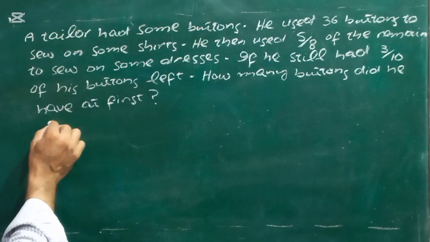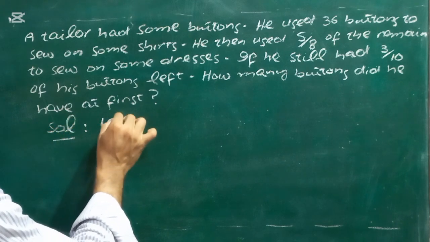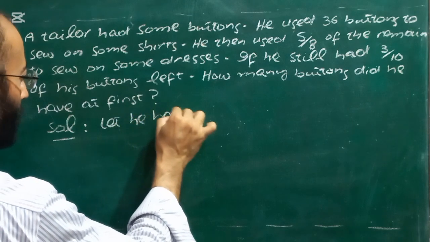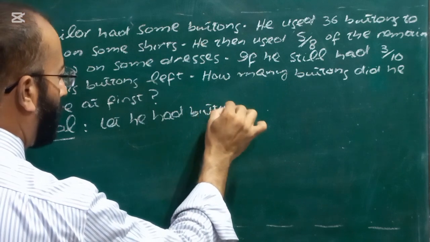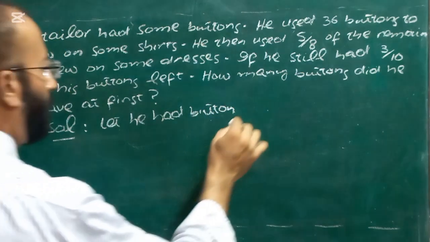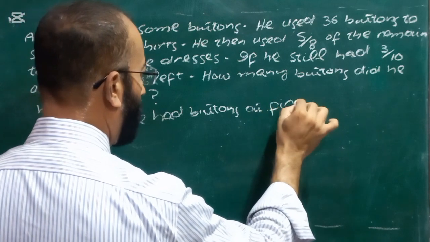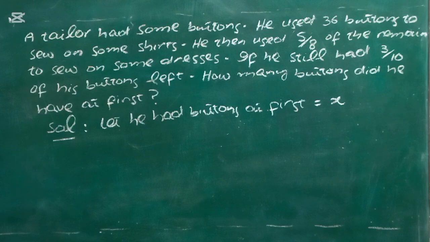Okay, the method to solve this question is, let him have X buttons at first. So let's suppose these are the buttons which he had at first.